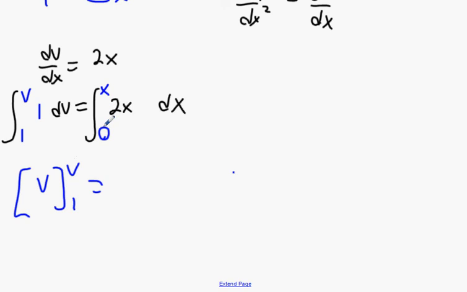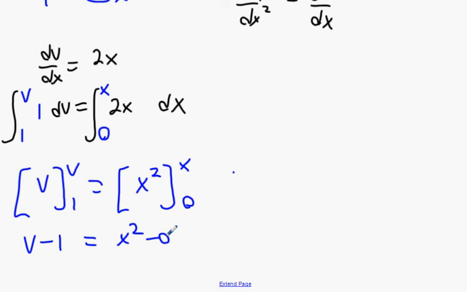And then the other one, x squared from x and 0. You're going to get phi minus 1 equals x squared minus 0 squared. The 0 squared doesn't really need to exist there. Bring over the 1. Phi equals x squared plus 1.